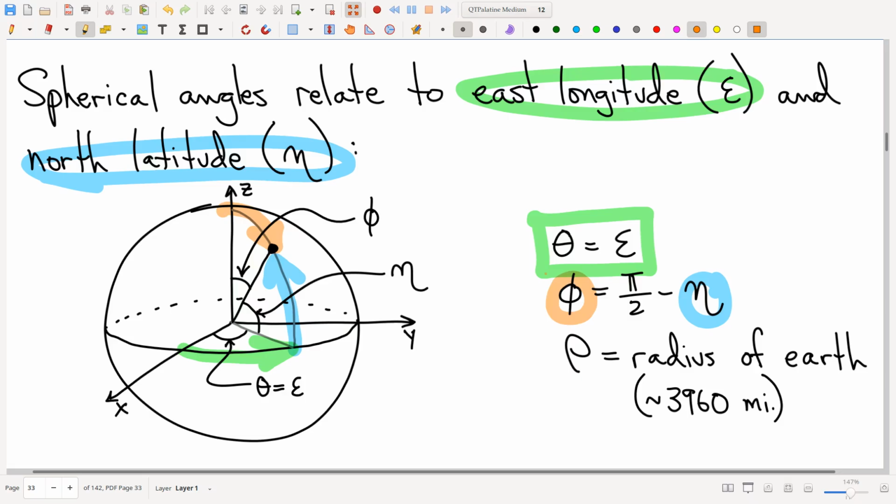So, easy little conversion. Oh, and of course, every point on the surface of the Earth has the feature that its distance to the center of the Earth is pretty much constant. Of course, it's not exactly constant. There's ups and downs, right? There's mountains and there's valleys. There's also the bulge. I don't know if y'all are aware of this. Did y'all know that the Earth is actually kind of bulged flat, somewhat in the direction of a pancake, right?